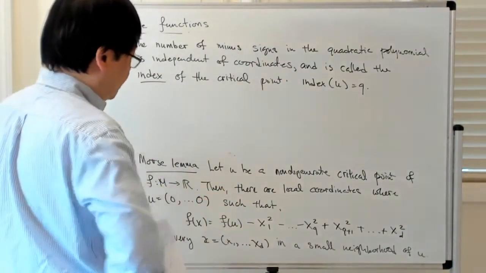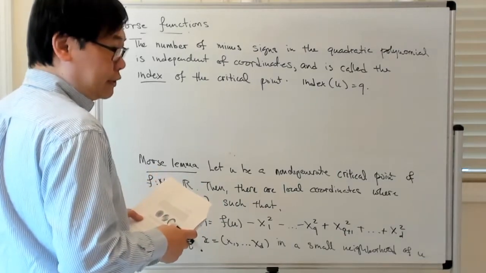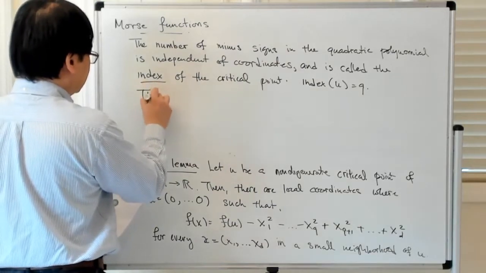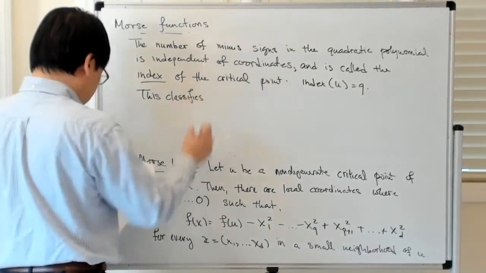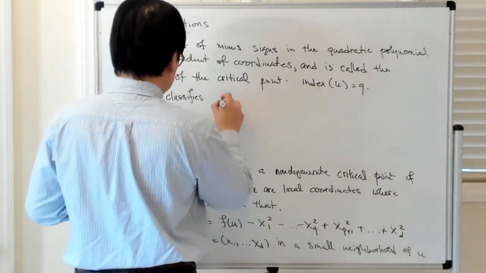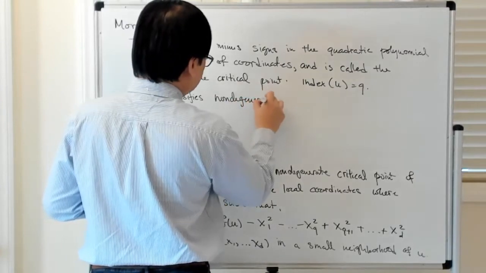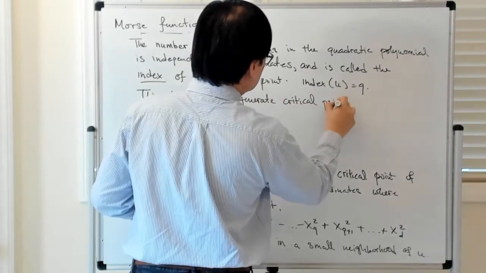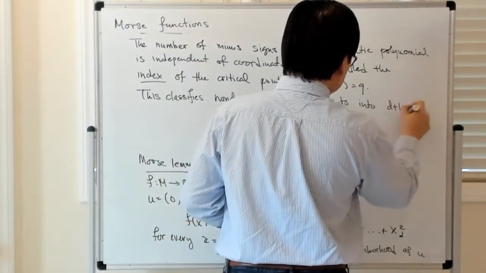So an index then classifies each of these non-degenerate critical points into d+1 types.